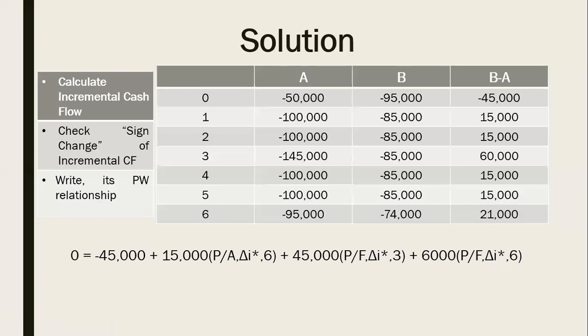Now here is the question, why have we used 15,000 from year 1 to 6 as an annual series of payments? Because if you see, 15,000 is a common amount in every year. So we have considered 15,000 as an annual series of payment for 6 years, and the difference in any year is dealt with as a single payment.